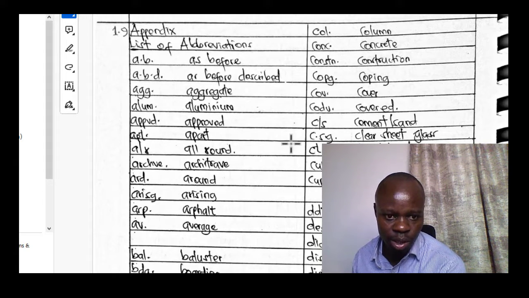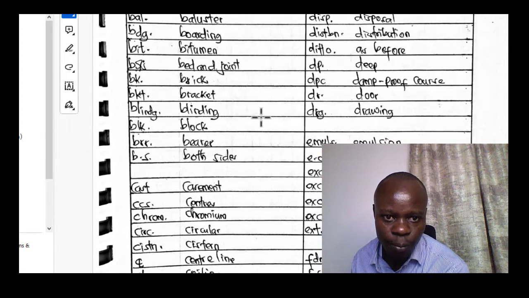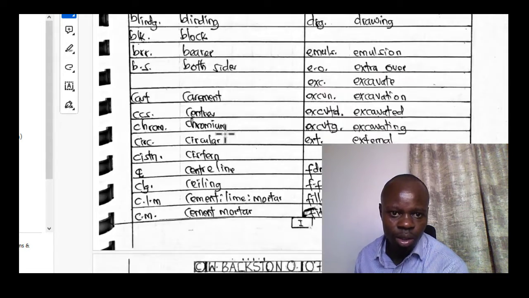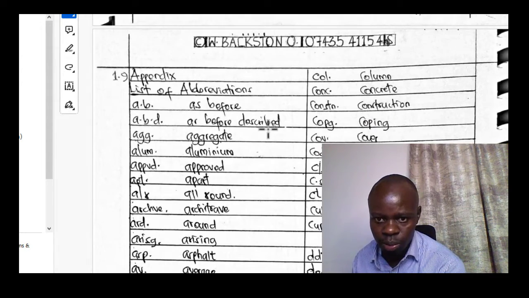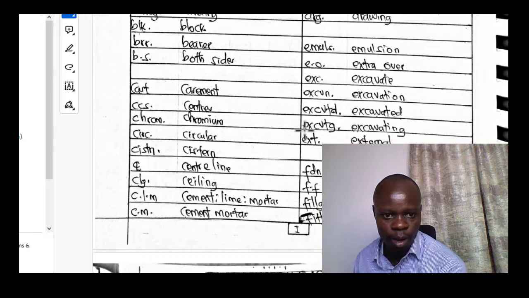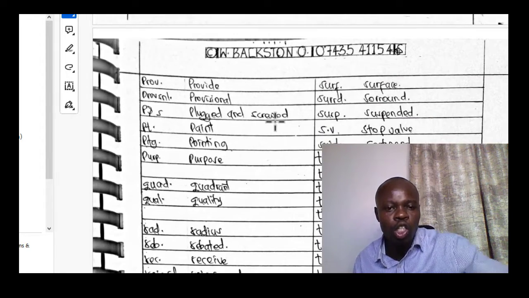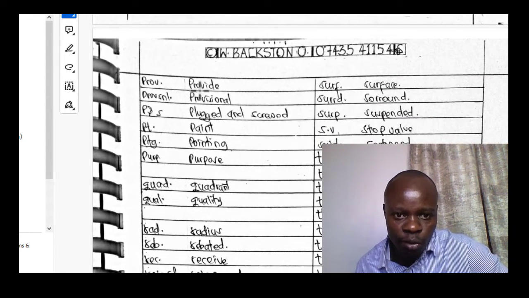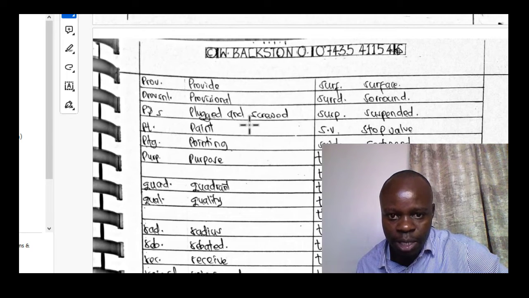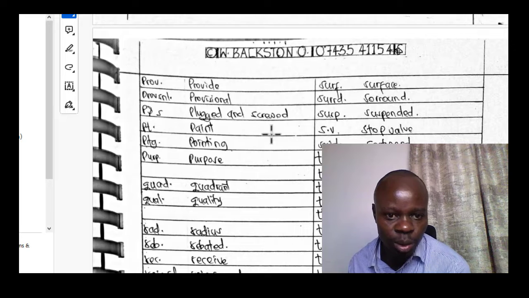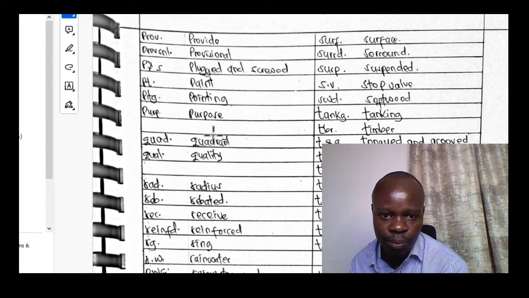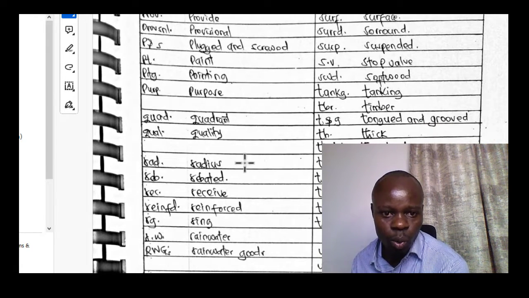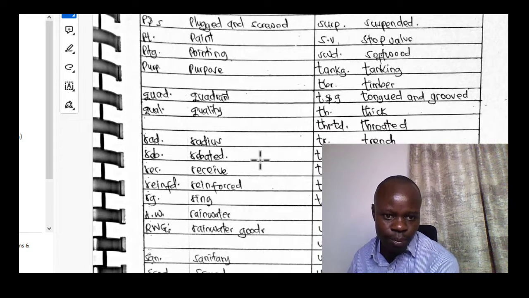We've talked about this bit. So yeah, we move to the next page. Provide, provisional, then P and S, plugged and screwed. Okay, we have paint, we have pointing, purpose, quadrant, quality, and then radius.